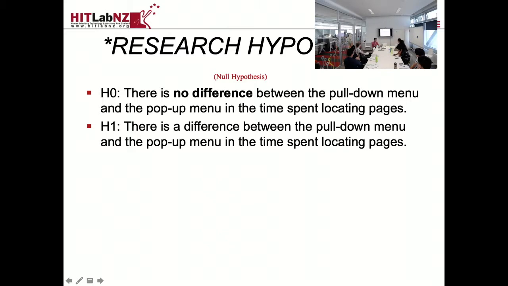And H1 is sometimes called the alternative, which means there is a difference. That is simple: no difference or difference. We don't care how much, that's fine, okay? But at this moment, is there a difference or is there no difference?